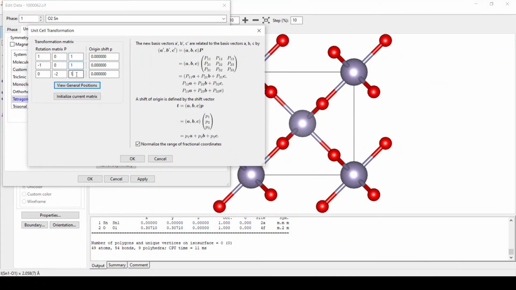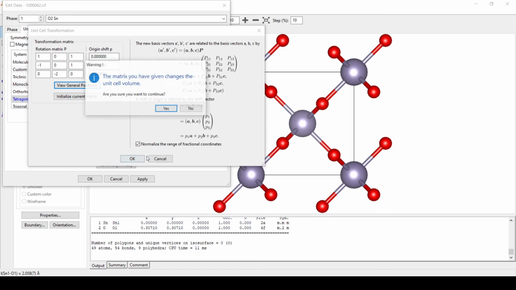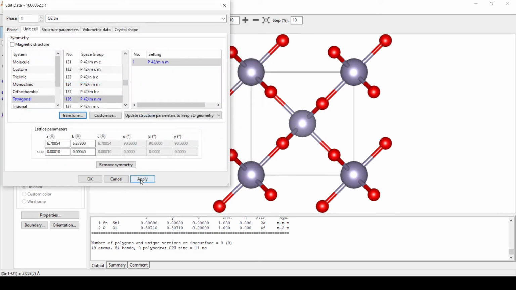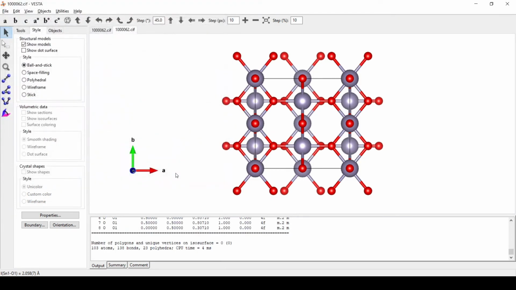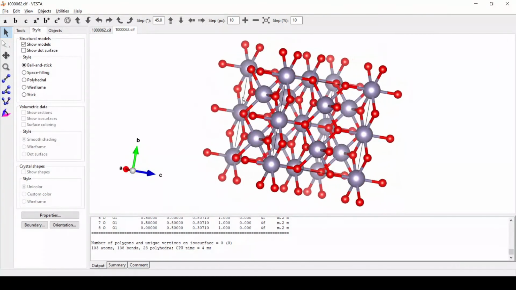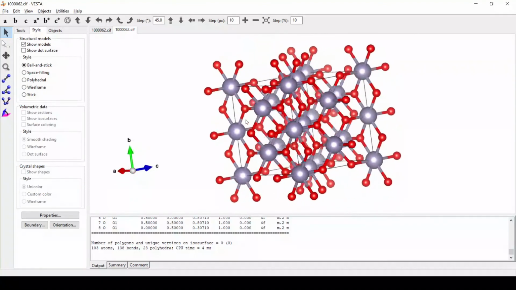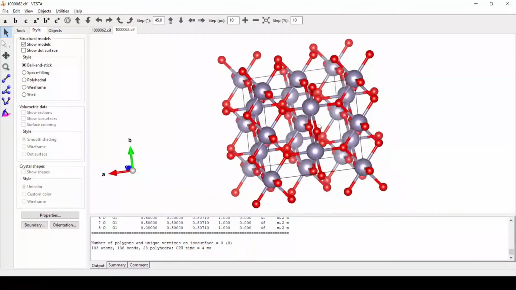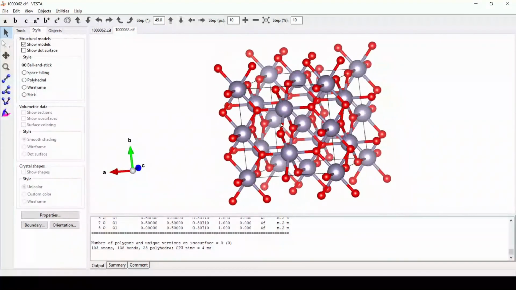Okay, apply, okay. So here we have our unit cell with 110 plane exposed, atoms with 110 plane exposed.